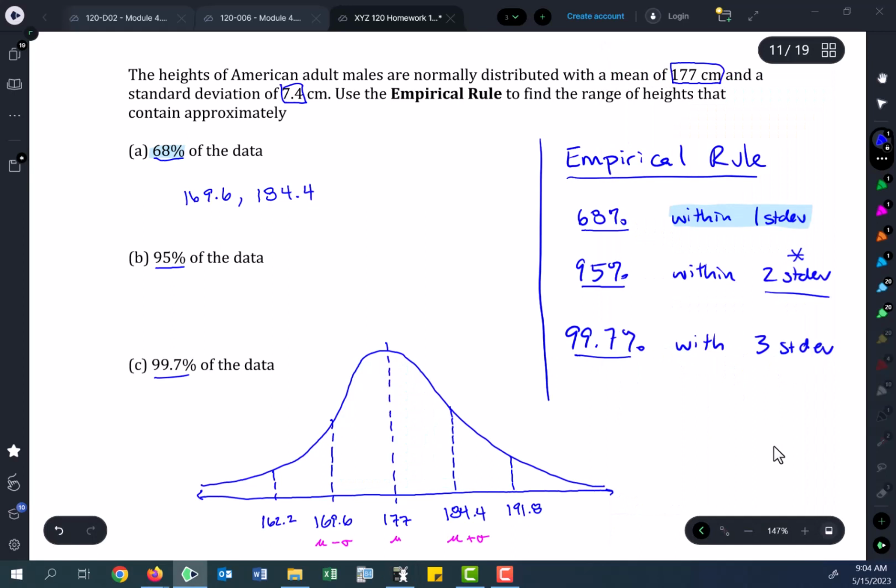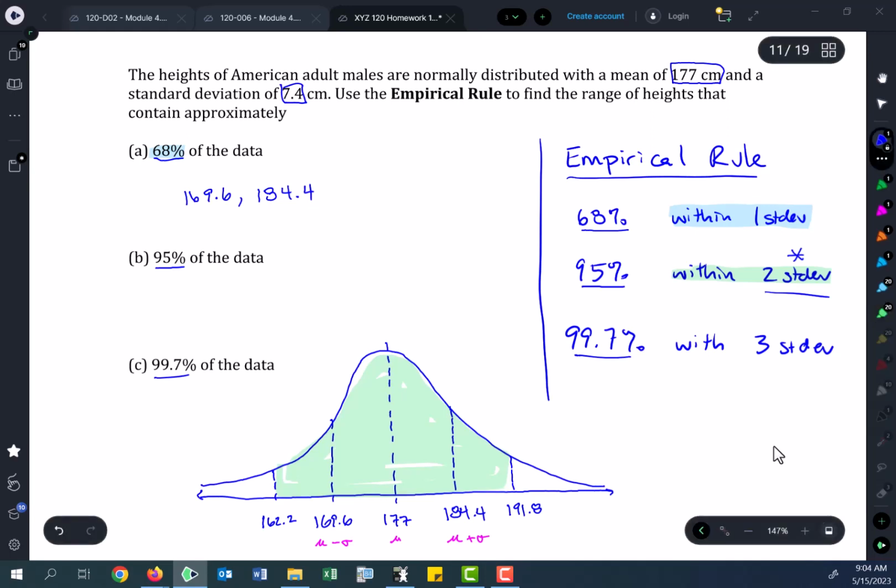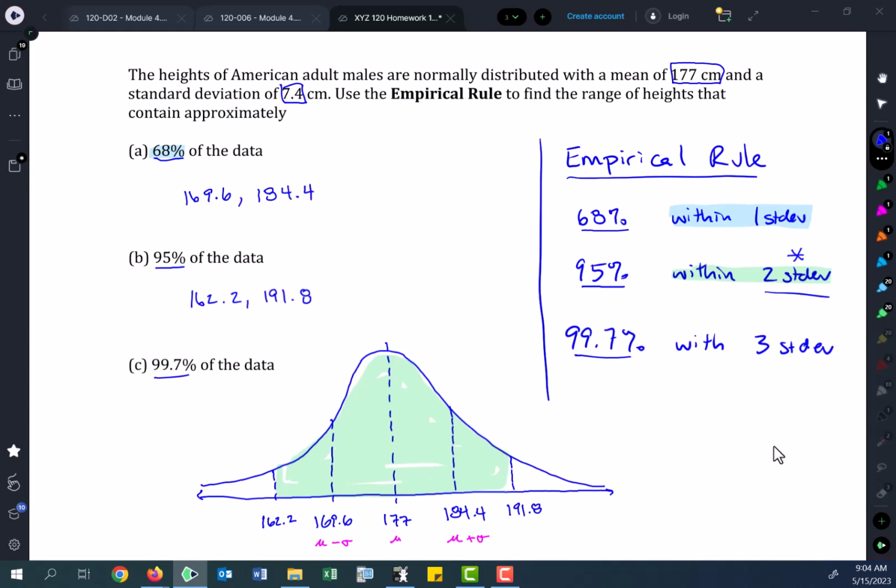So what the empirical rule predicts is that within these two standard deviations, the hypothetical number of data points between those two values in our data set is going to be about 95% of our data. So that is our answer here: 162.2 and 191.8.